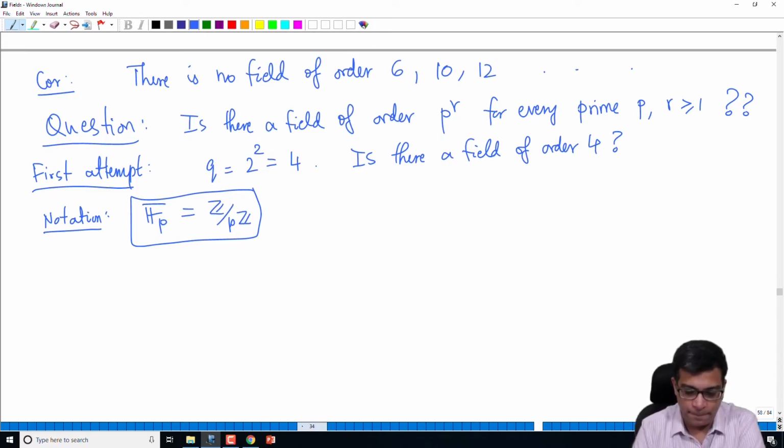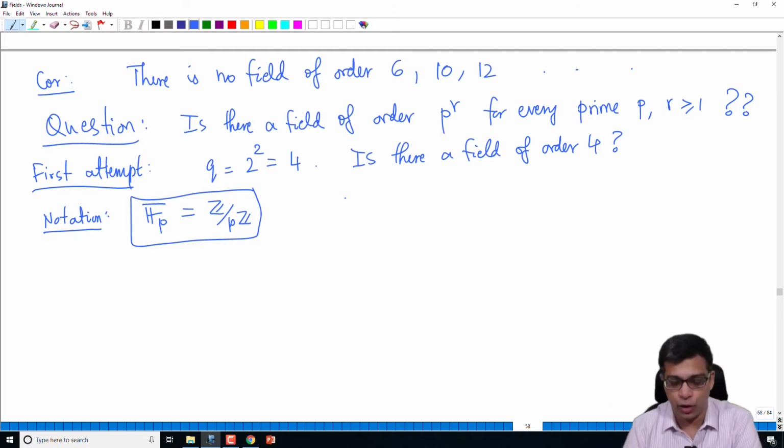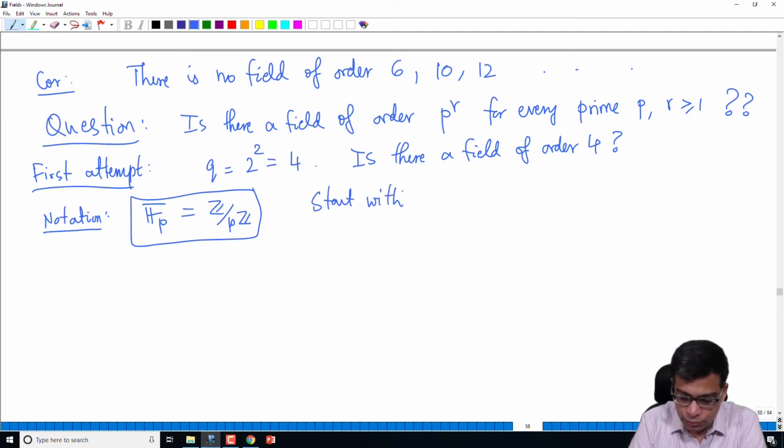Okay, so let's take 4. How do we construct a field like this? We know a method to construct new fields, right? We can take a field and consider its extension fields by killing irreducible polynomials. So let's start with Z mod 2Z, which I will call F_2.